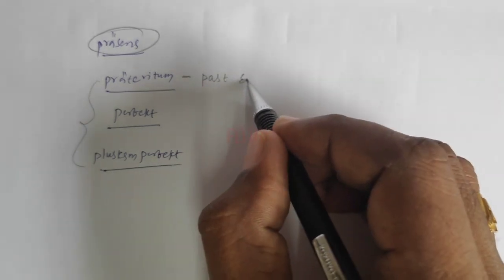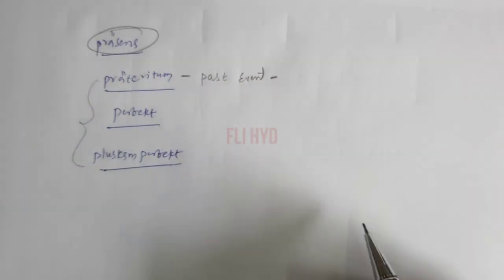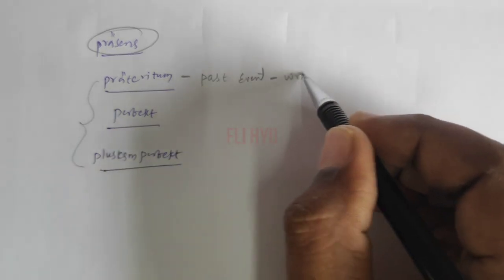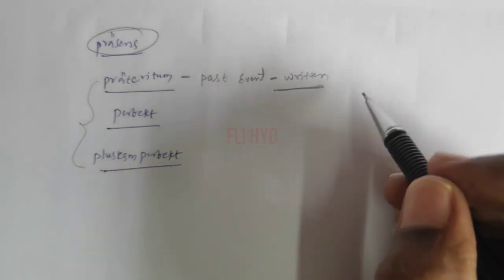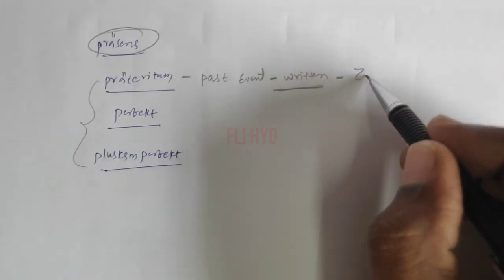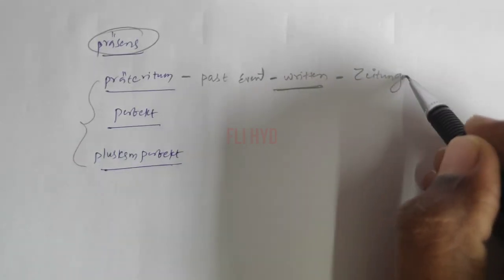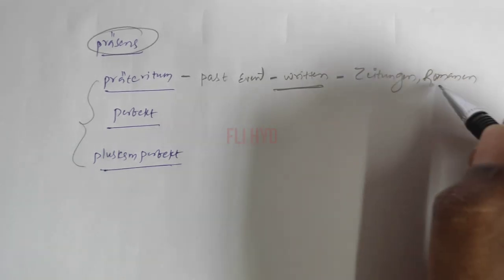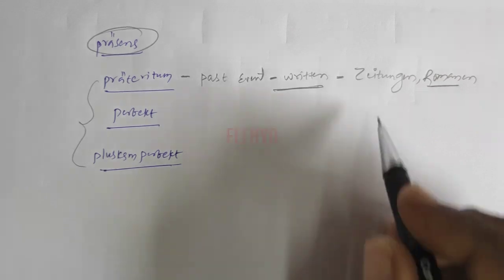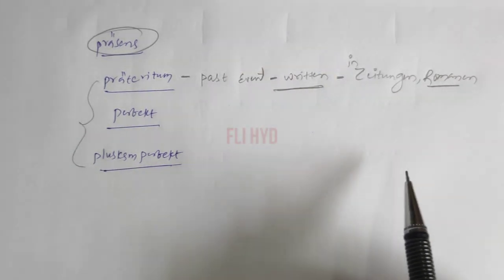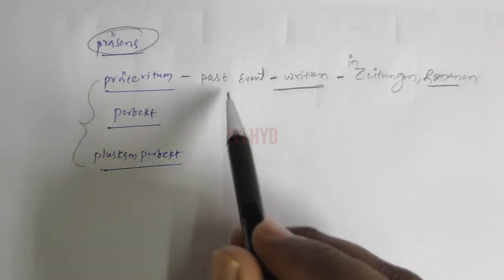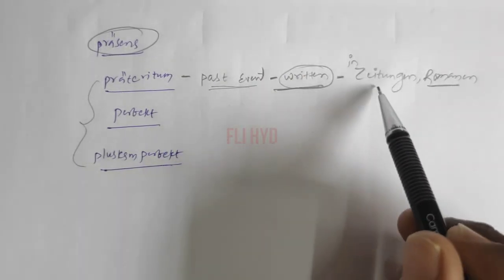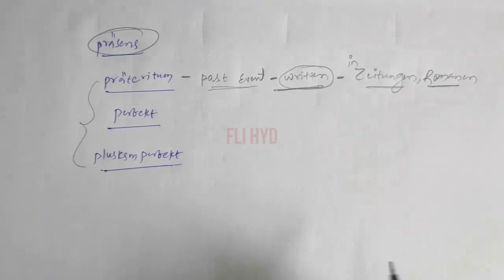Präteritum is used for a past event, mostly in the written part, schriftlich, especially in newspapers, Zeitungen, or novels, Romanen. So Präteritum is used for past events mostly in written form, in newspapers and novels.